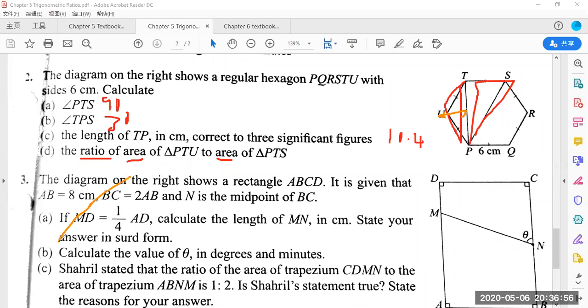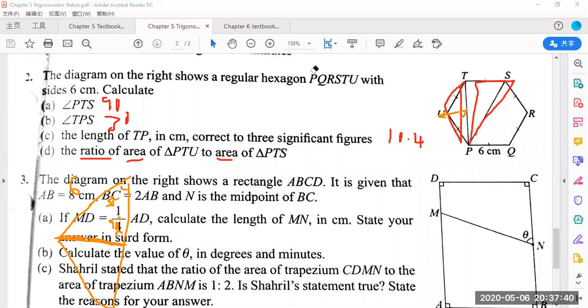Just now, this length we don't know, we need to find this length. 120, 60. Here is 30, 90. So this one is 10.4, and this one is 6 cm. We use one angle to find the length.